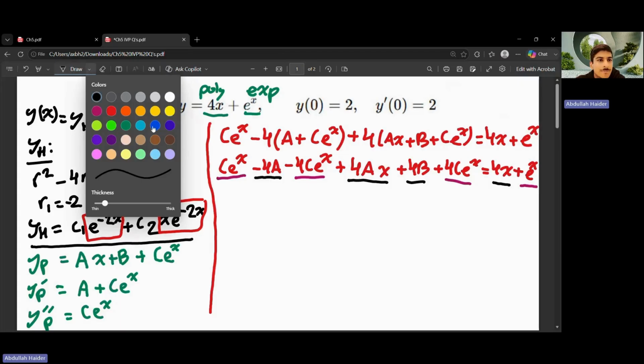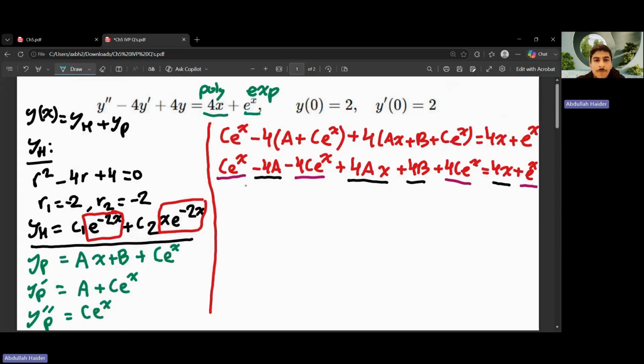So now I'm focusing on the exponent first. c e power x minus 4c e power x plus 4c e power x, and then you equate this to e power x.